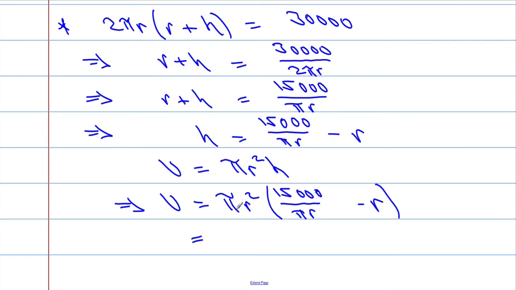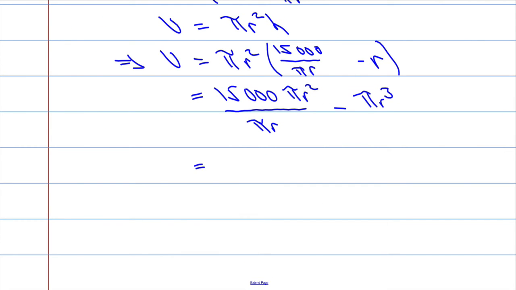So let's see what happens if I multiply pi r squared in here. Expanding the bracket, I'm going to get 15,000 pi r squared, and that's still over pi r, minus pi r cubed.